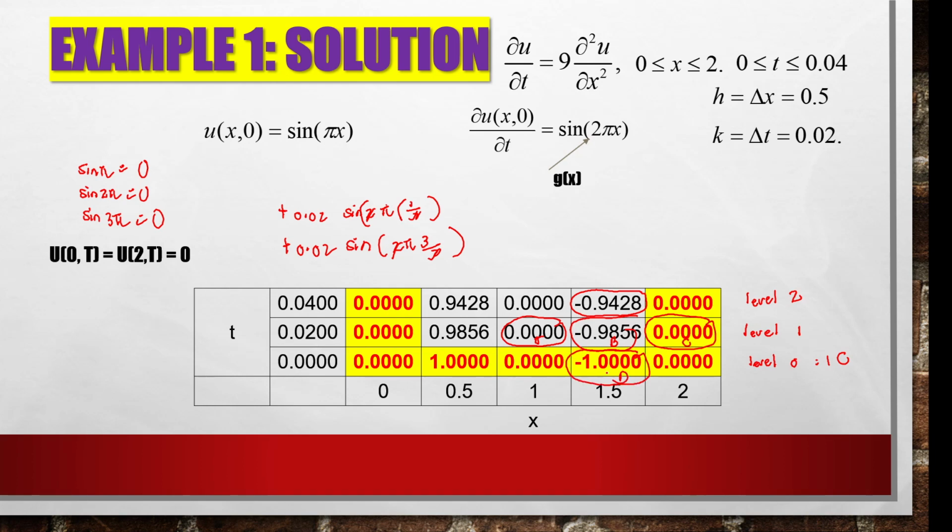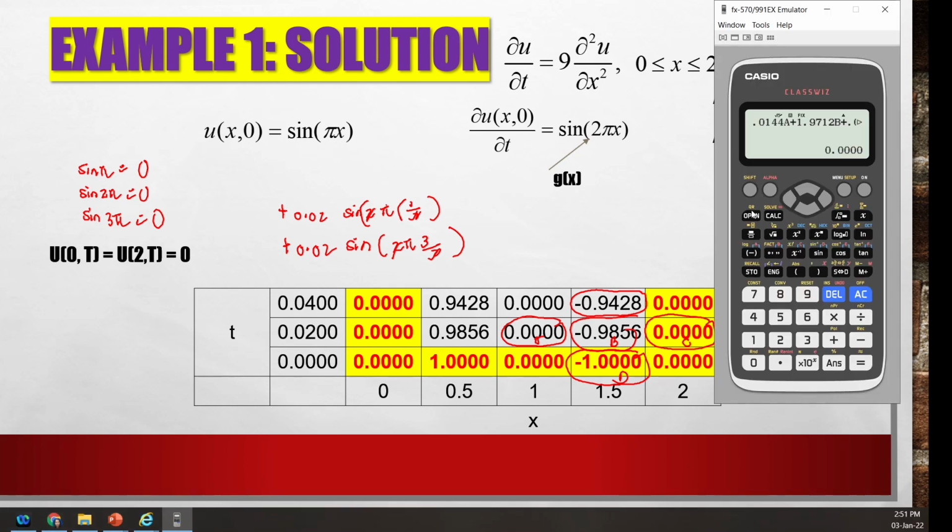This is D. Then you calculate again. A 0, B negative 0.9856, C 0, D negative 1. So you get negative 0.9428.